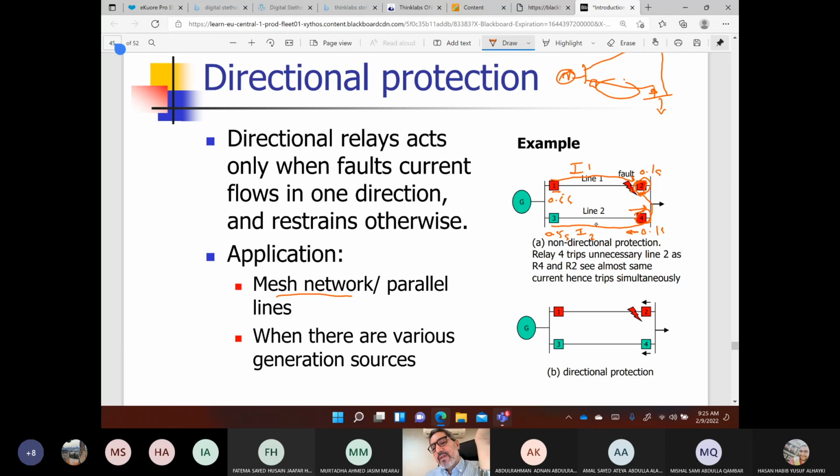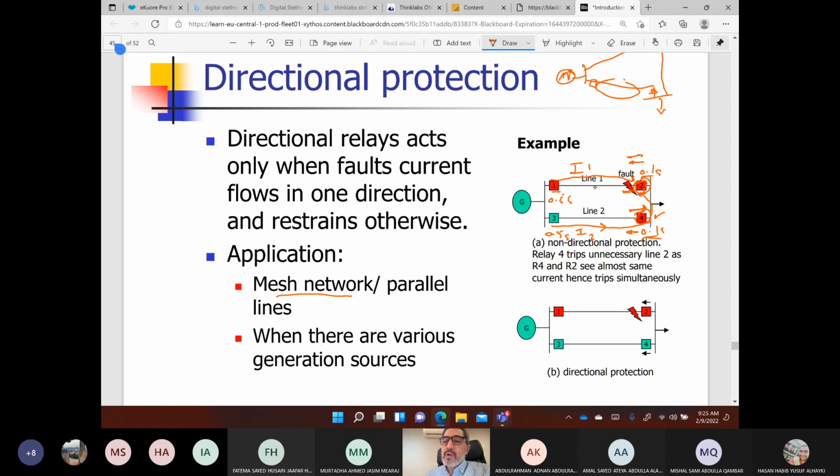So because there is a fault now in this direction, it operates within 0.1 seconds, and this also, because it is non-directional, sees a fault in this or in this direction. Because it sees this fault, it will also operate at 0.1 seconds. So both 2 and 4 will operate in this situation, and you have lost the selectivity.